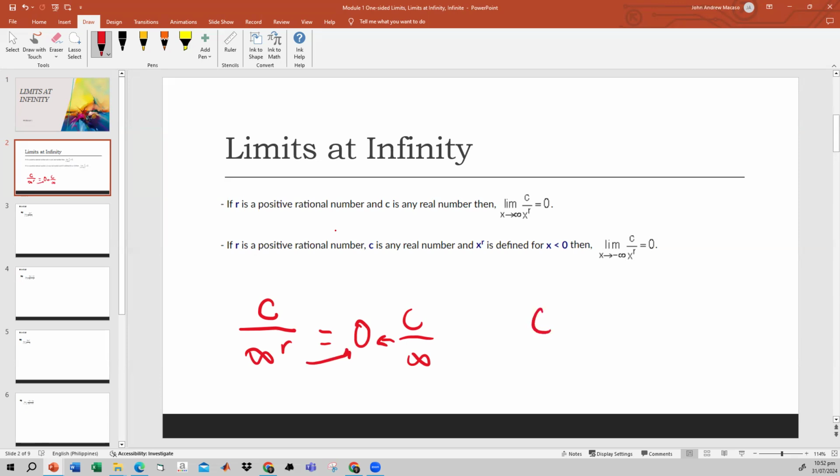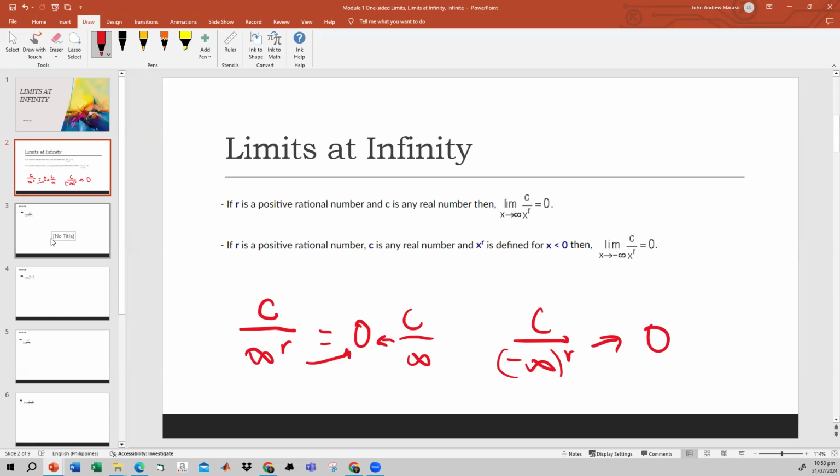Same goes if you are taking a constant over negative infinity raised to r, this will lead to 0 as well. So again, please take note of this because it's very important, especially on this topic. Constant over infinity, that's 0. Constant over negative infinity, that's 0 as well.